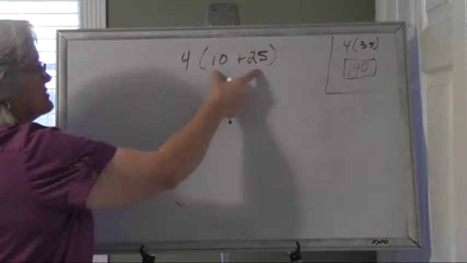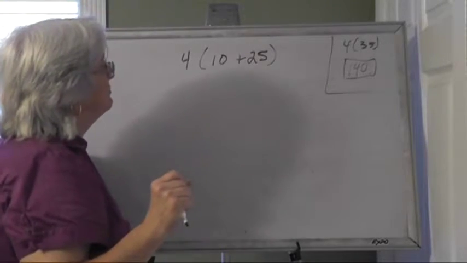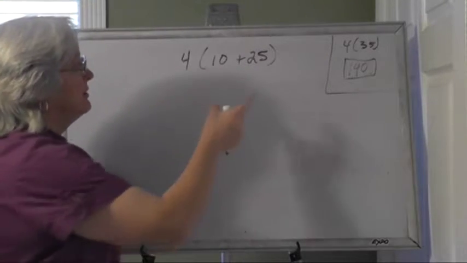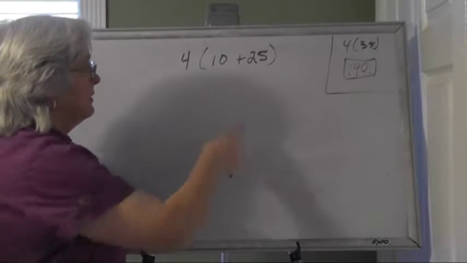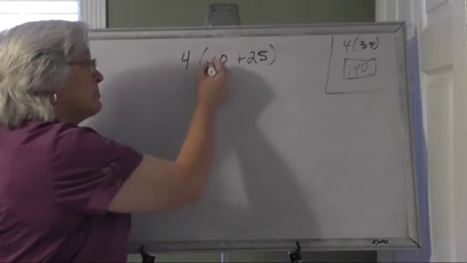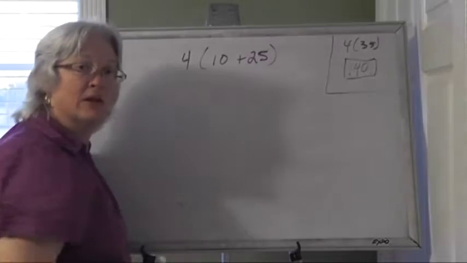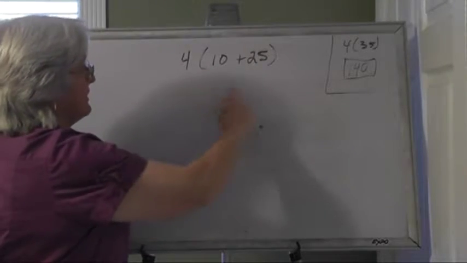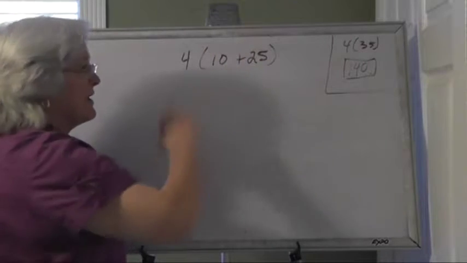But now let's look at this over here and think about an illustration of the distributive property. I've told you that I like to use numbers that relate to money. Well, we've got a dime and we've got a quarter here. Obviously not, because it's not 0.10 and 0.25. But I'm going to pretend that I have a 10-cent piece and a 25-cent piece, but I have 4 of them added together.